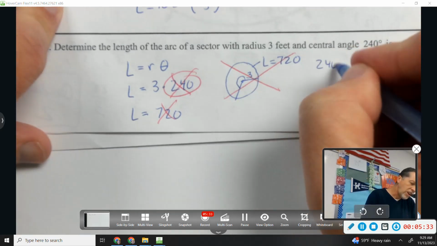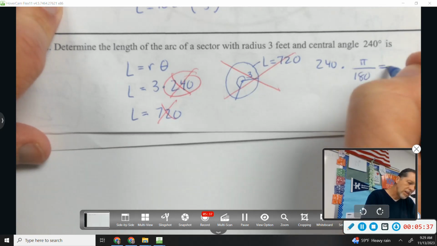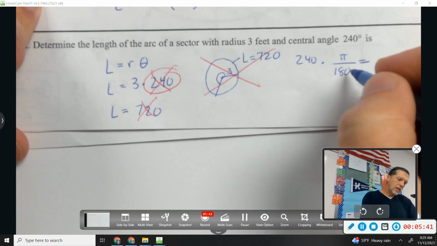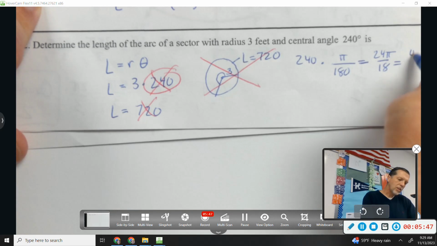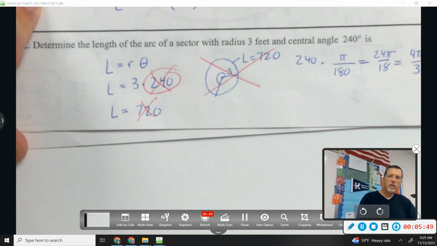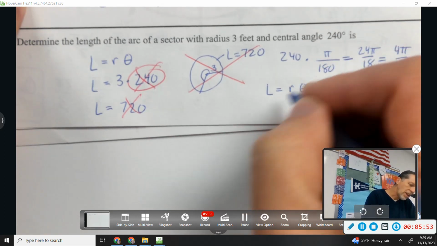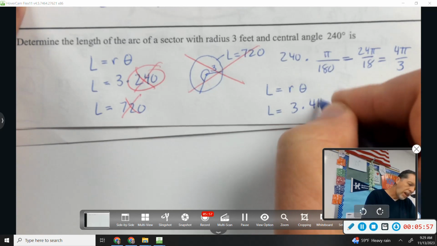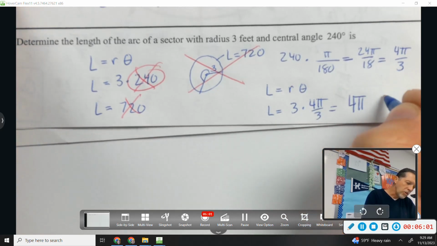Now, if we change 240 to radians, we'll put degrees to cancel. 24 over 18. I can divide by 6. That gets me 4 pi over 3. Okay, so now I can do L equals R times theta. Radius is 3. Angle's 4 pi over 3. So 4 pi feet.